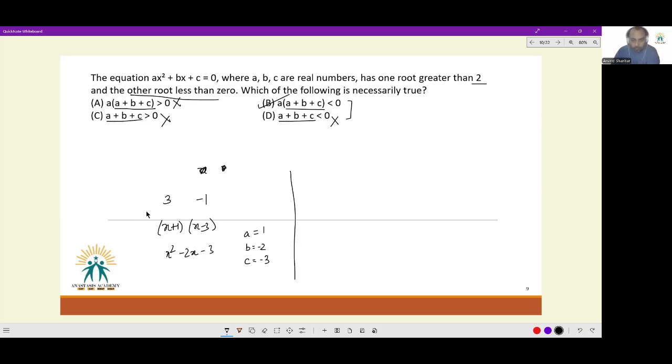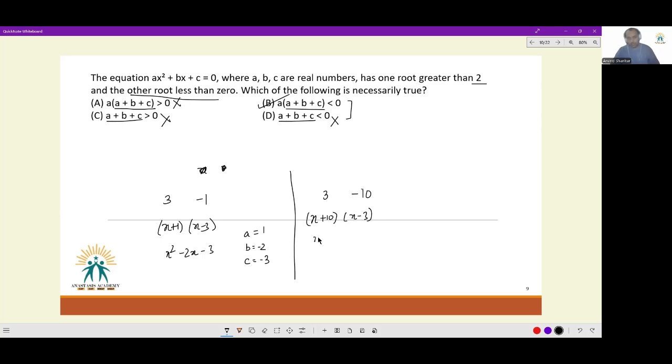See, this was just outside of the two limits given to us. What if I take the two roots to be significantly further apart? One root continues to be at 3. Another root goes all the way up until minus 10. The expression would turn to (x plus 10)(x minus 3).